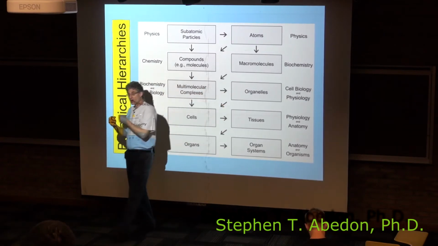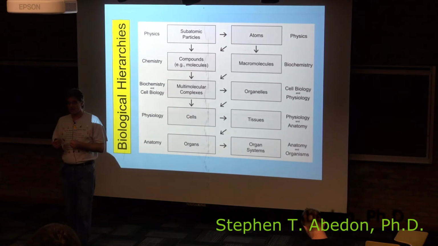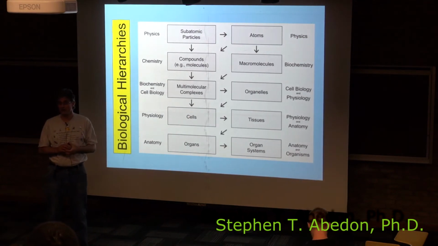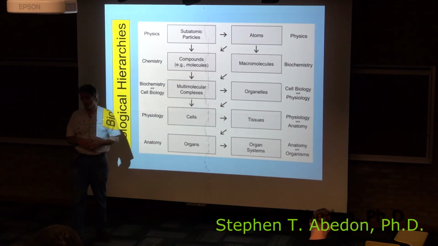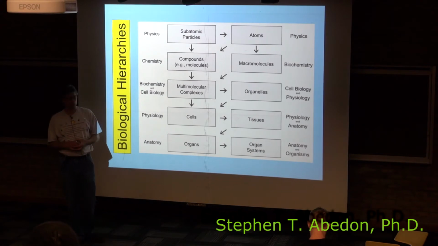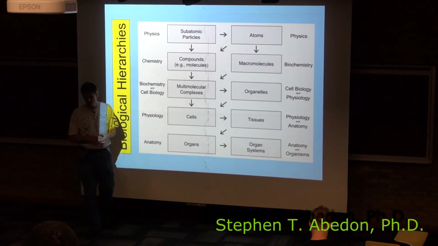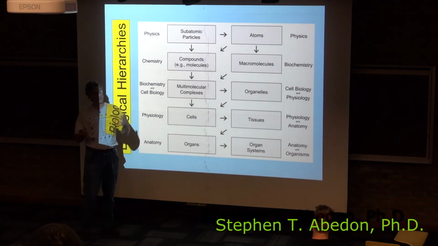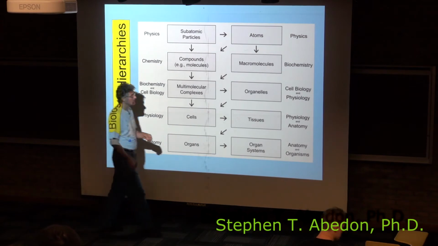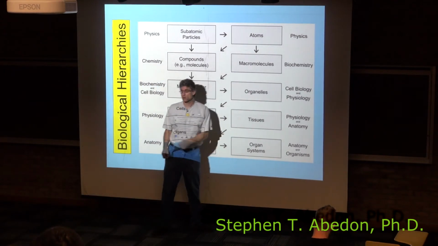Organelles are units of cells that you can see through a microscope, and they are also little machines, although bigger than multi-molecular complexes. These are things like mitochondria and ribosomes, things we'll be talking about when we talk about cell biology. And this starts to merge up to physiology.